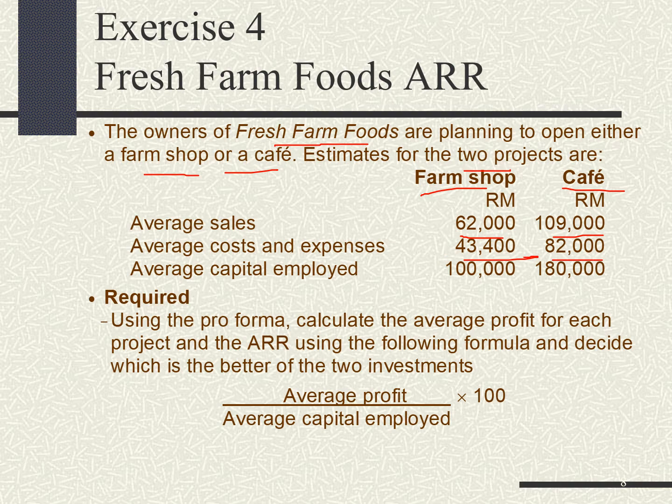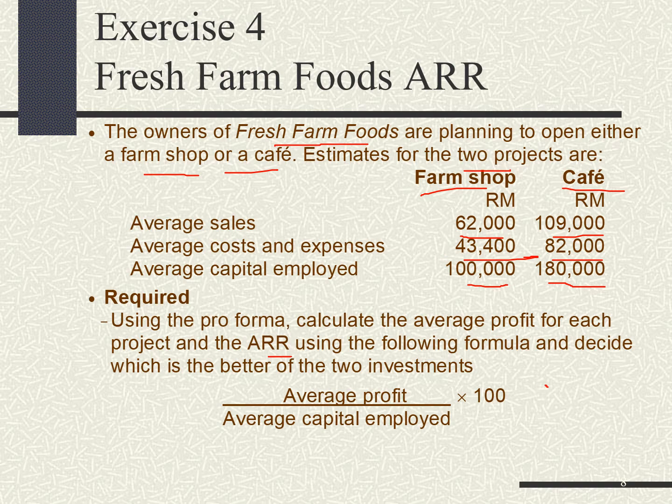And average capital employed, this one is 100,000 ringgit. Yang cafe is 180,000. Required: a pro forma to calculate average profit for each, and the ARR using the following formula. Decide which is the better of the 2 investments.